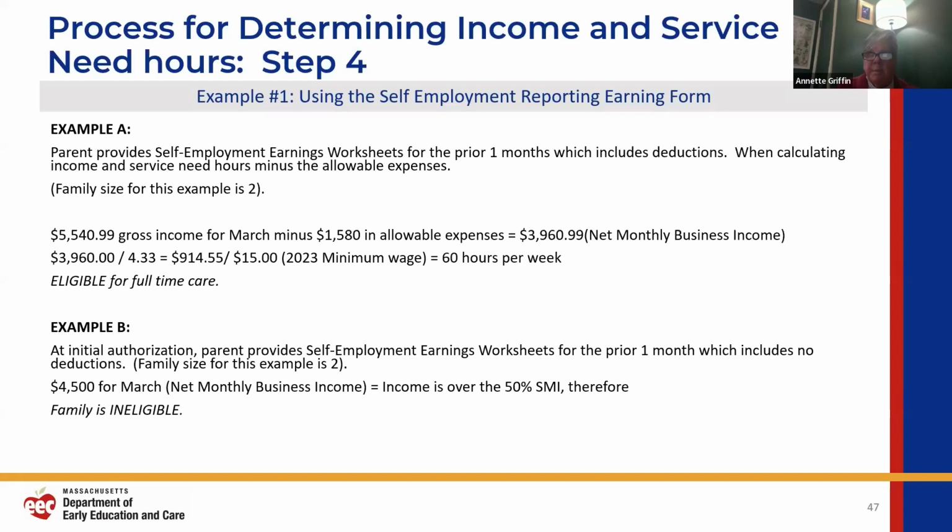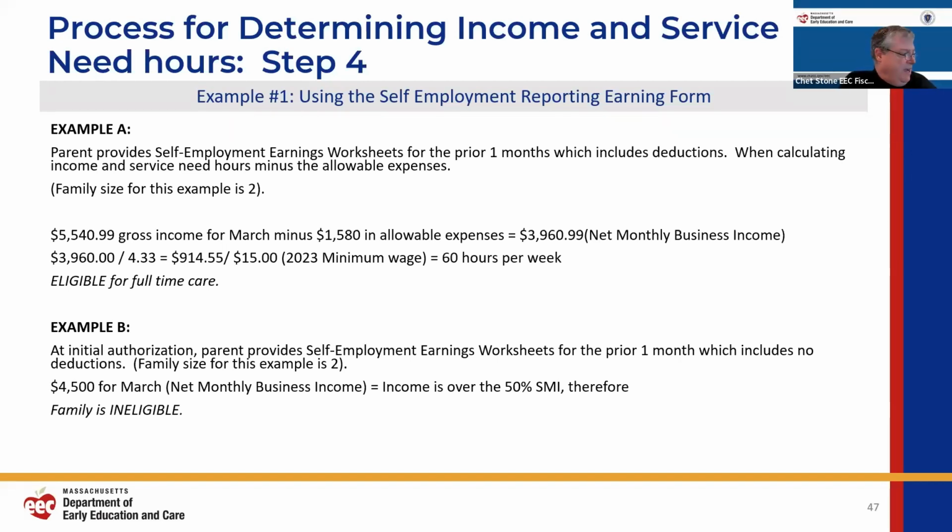And now we're sending them back to bring in the taxes to see over the year what the average was, if that would make them eligible. I'm just thinking in terms of the SMI piece of it, what's going to be more simple for the parents?